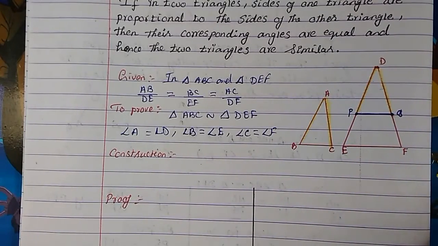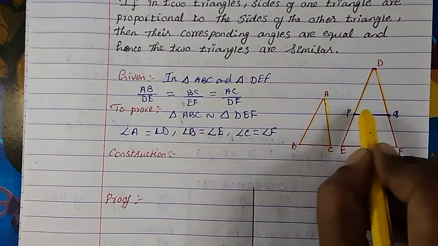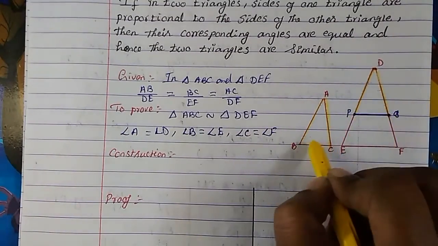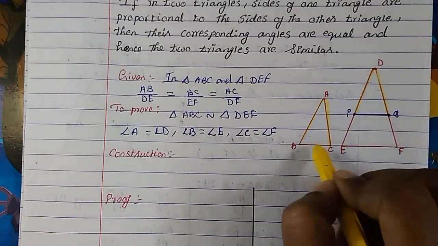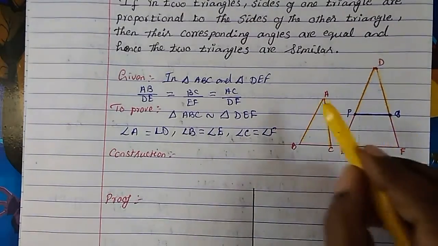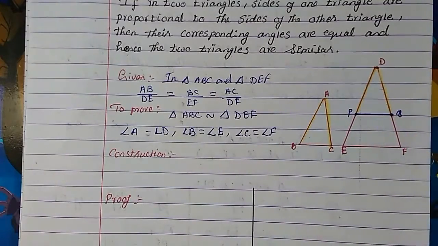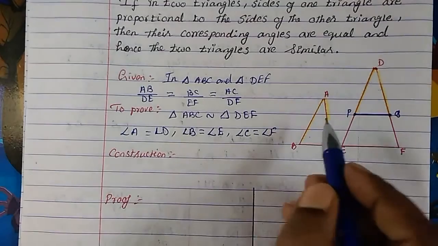So now what we have to prove is that BC also is equal to PQ. So these two lines are also the same. If we prove this, then these two triangles will become congruent. If both become congruent, then further let us see how we will prove. Okay, so let's do the construction.